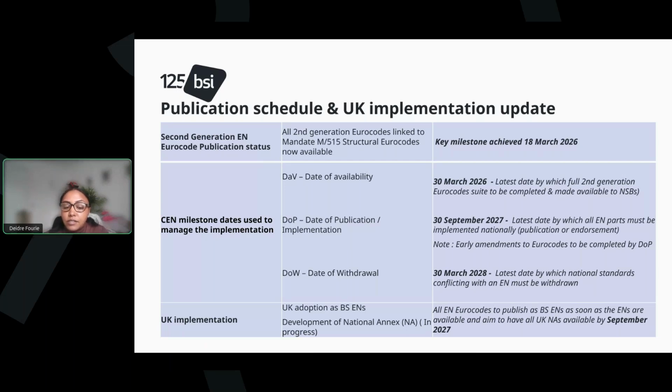This is also to allow users to prepare for the transition from first to second generation. Many of the codes will also go through an early amendment stage, mainly to bring references to other Eurocodes up to date. These amendments are expected to be made by the date of publication of the 30th of September 2027.